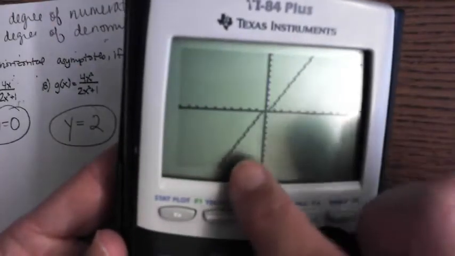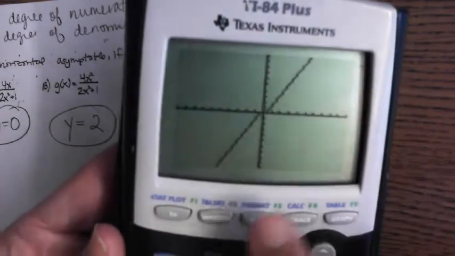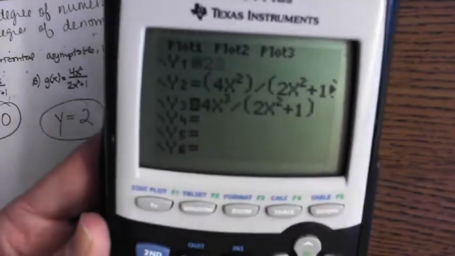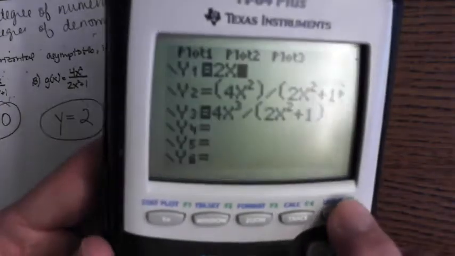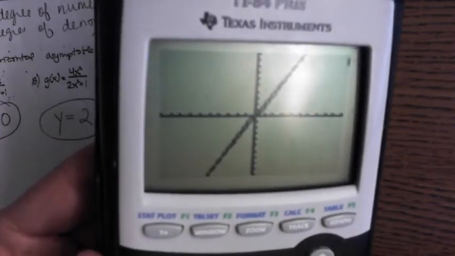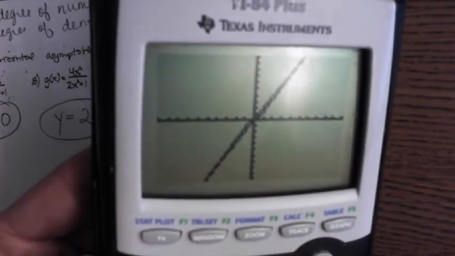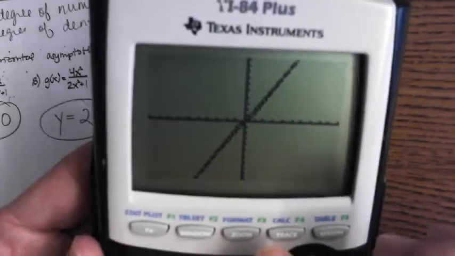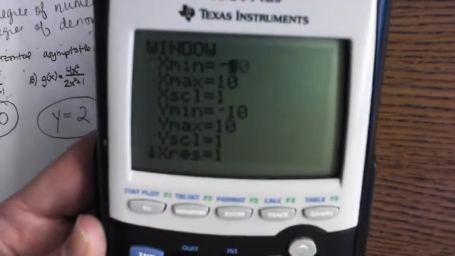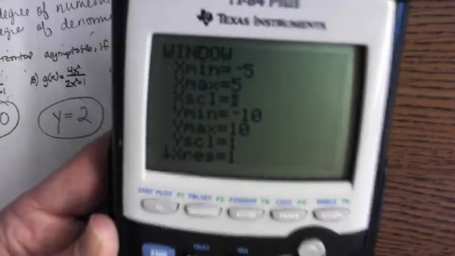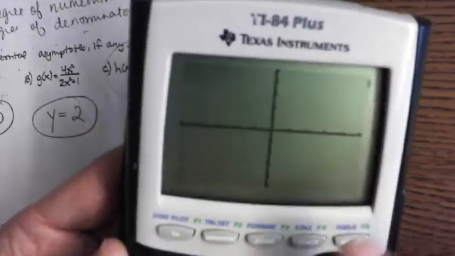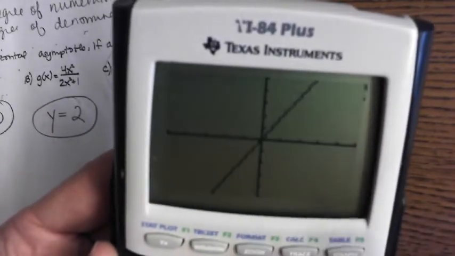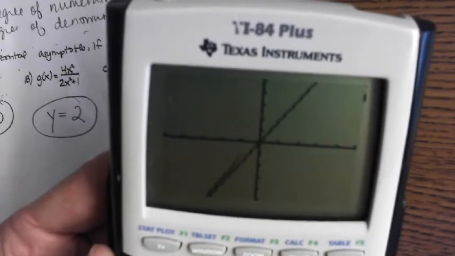If I go back to that graph, it looked like that. I zoomed out a little bit. I made it negative 10 and 10. There is a little fluctuation happening there. If I also graph the line 2x, it's an asymptote to the end behavior of that. Do you see that? If I zoom in, maybe change my window, negative 5 to 5 and negative 5 to 5, you'll see a little more. That's the 2x line.